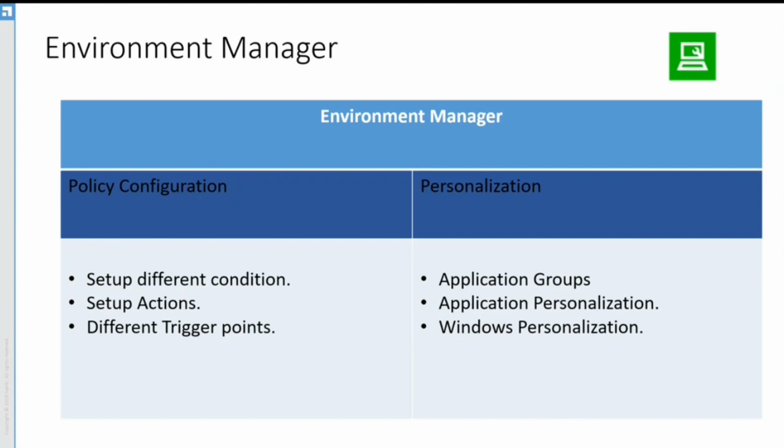Suppose, say, Adobe. For the Adobe application, there are a number of registries, or there are file systems. Say in local app data, you have files. Then in local app data temp, you have files. So what you will do is go and say in personalization that whenever Adobe is run, save the files which are present in local app data Adobe.